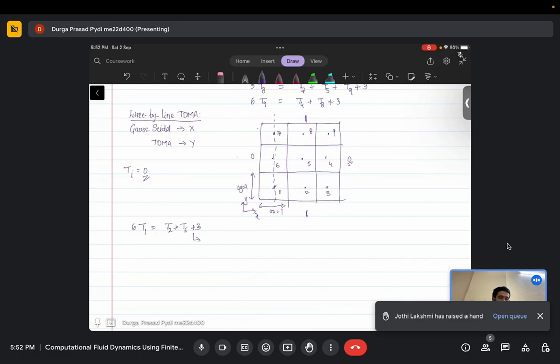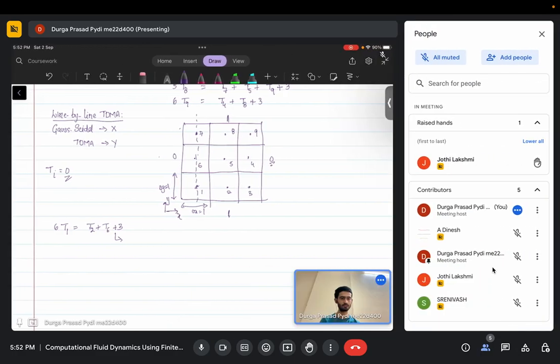doing in Gauss-Seidel, yeah, someone had raised a hand. Yeah, you can ask. Yeah, you can ask. I'm not able to hear if you are asking something.